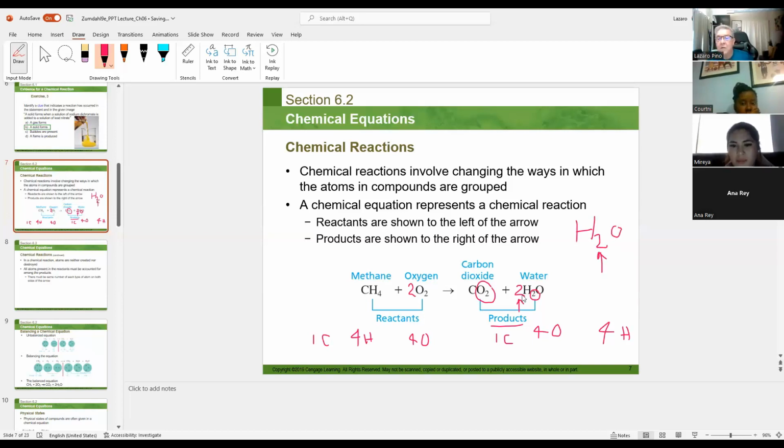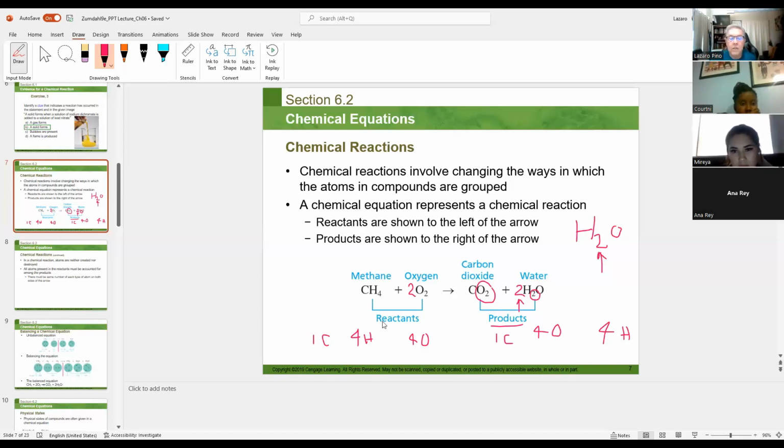This number cannot be changed, but this coefficient, yes. And here is where we work in order to balance the chemical equation. The balance in the chemical equation is based on the law of conservation of mass. Mass cannot be created or destroyed, only transformed.